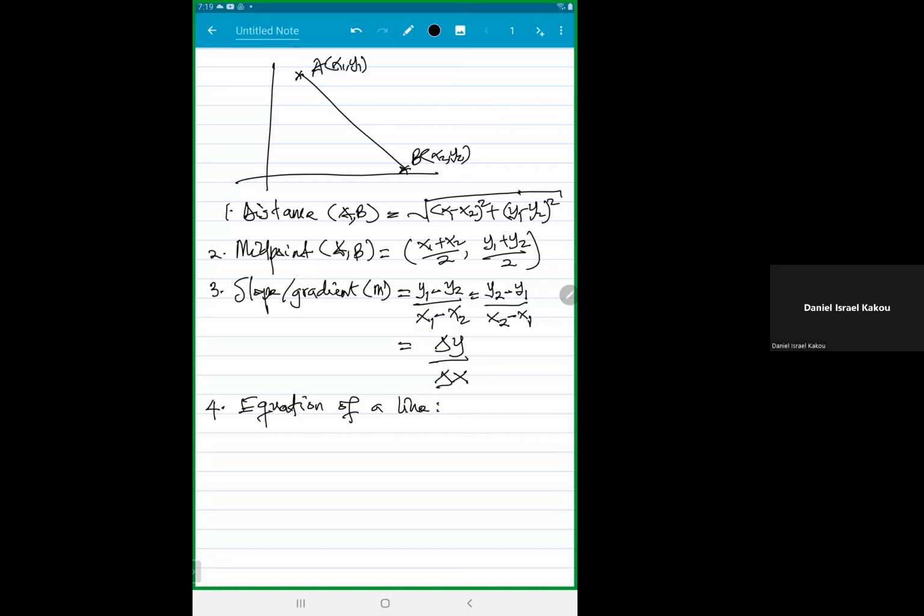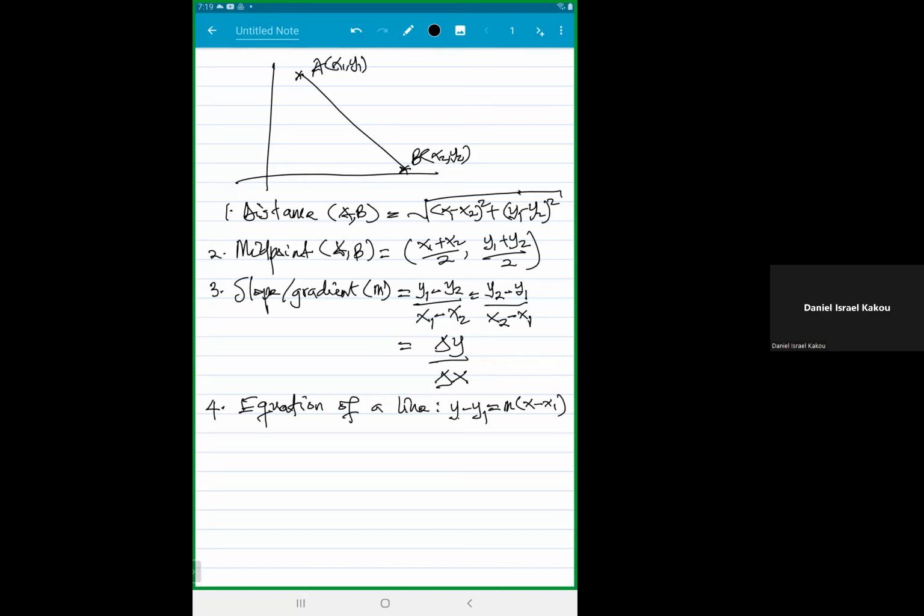So if you know the gradient of a line, more or less, you also know the equation of a line. It's usually going to be presented as y minus y1 equals m into brackets. That is how I would always present it, but this is basically the gradient of the line rewritten in this format, right?